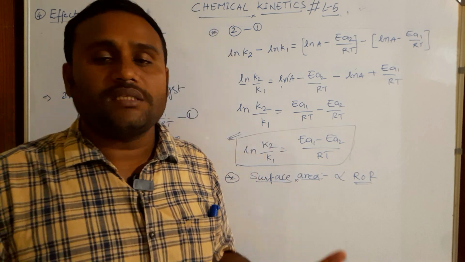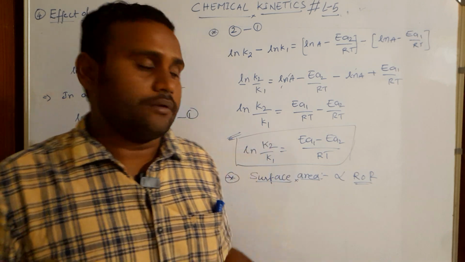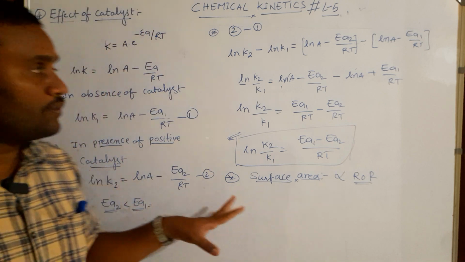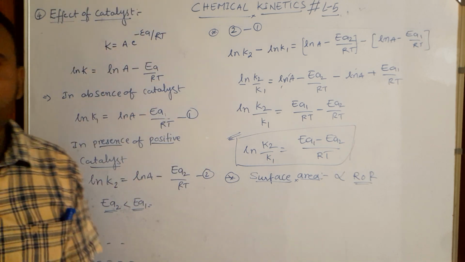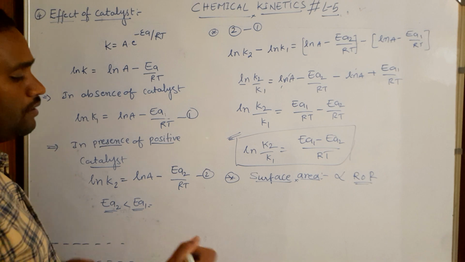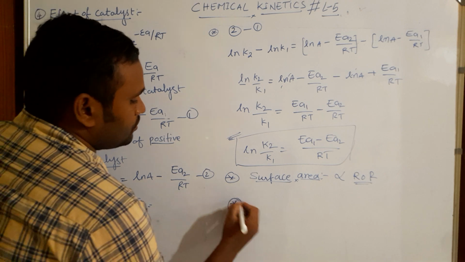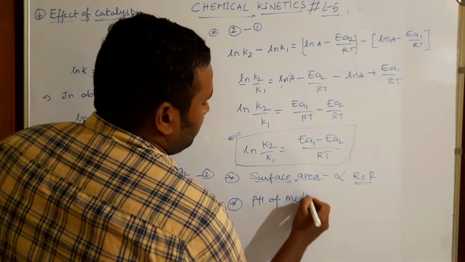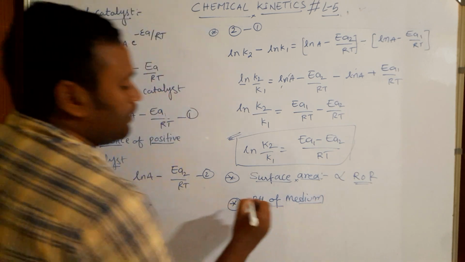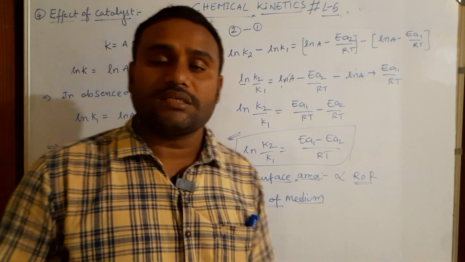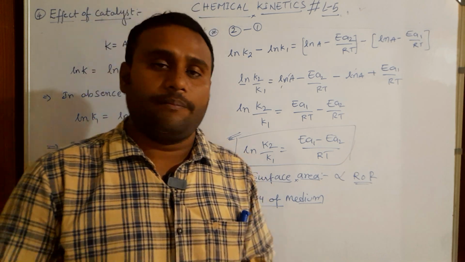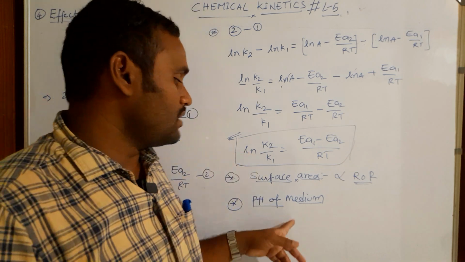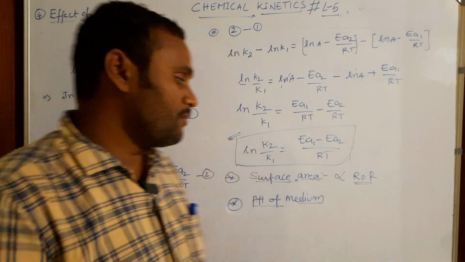This is about the factors which influence the rate of reaction. The pH of the medium is also important when the reactions take place in an acidic or basic medium.